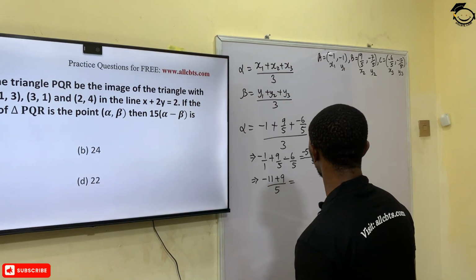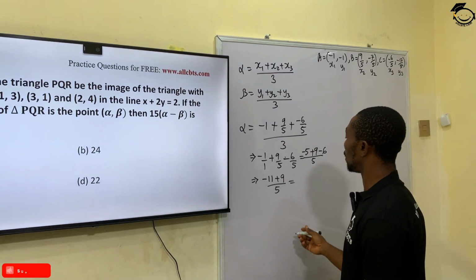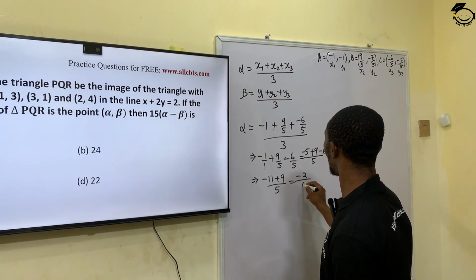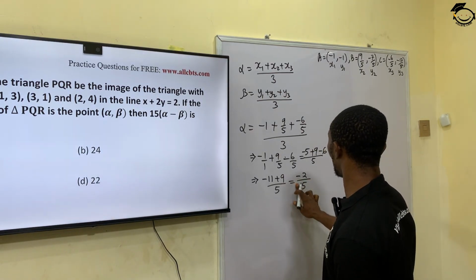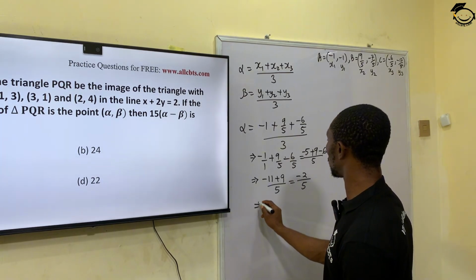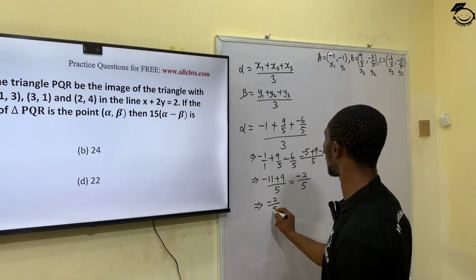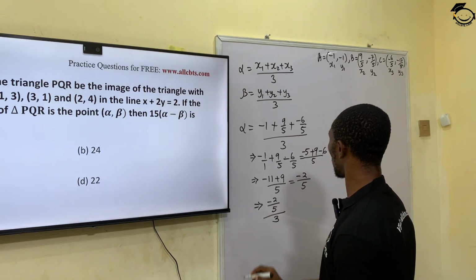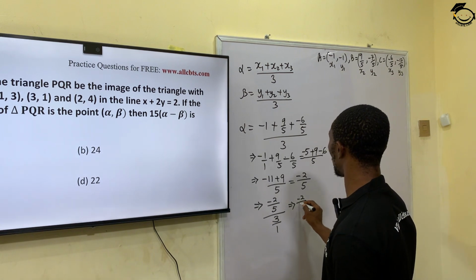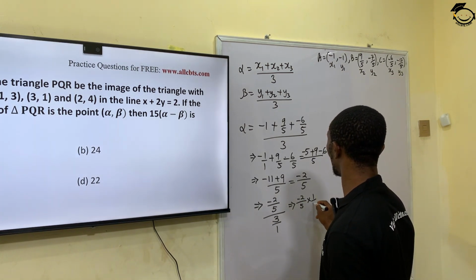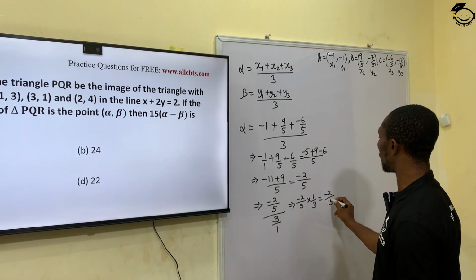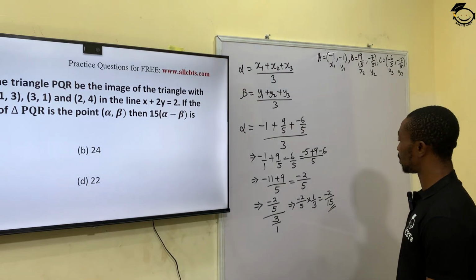Minus 11 plus 9 over 5 will give us minus 2 all over 5. Having it as minus 2 over 5, that's for our numerator. Now introducing our denominator, it will become minus 2 over 5 divided by 3 over 1. Now doing our inverse, we have it as minus 2 over 5 times 1 over 3, which gives us minus 2 over 15. Now that's for the alpha.